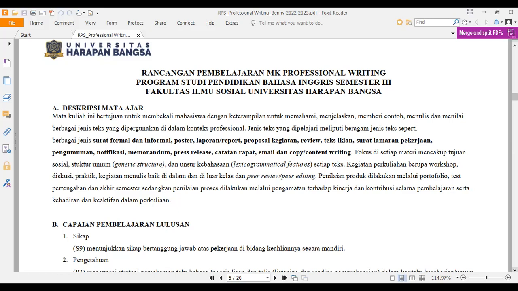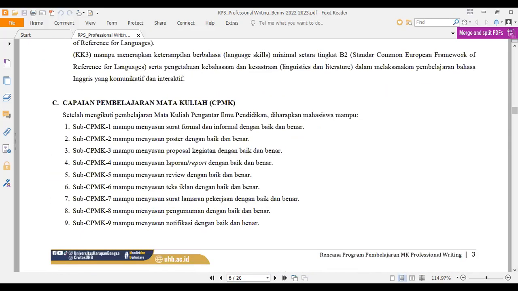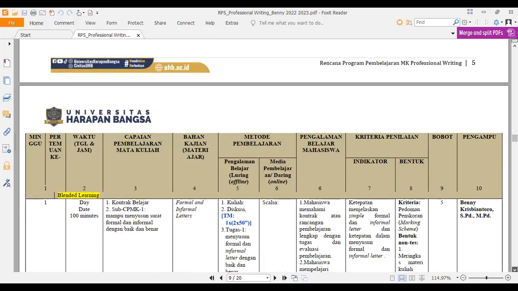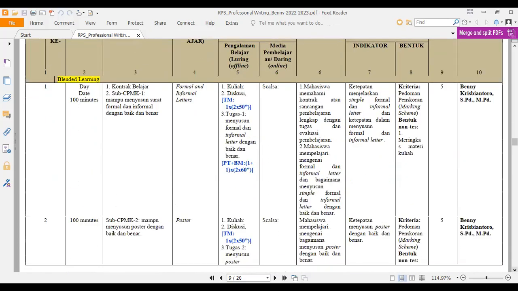The evaluation will be in the form of portfolio, midterm test, and the final test. Well, now let's have a look at the first meeting. In the first meeting, we're going to talk about formal and informal letters. And at the end of this meeting, you are assigned to create your own formal and informal letter.